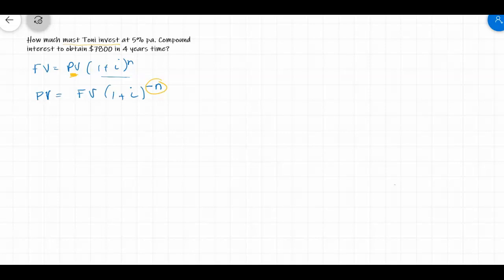And just as a little aside, if we went my way and said that the future value equals the present value times 1 plus i to the n, now to get rid of the 1 plus i to the n, we divide both sides by that, so we would end up with the future value over 1 plus i to the n.